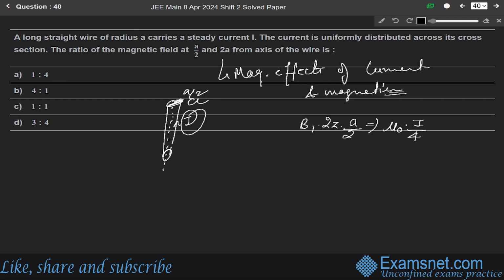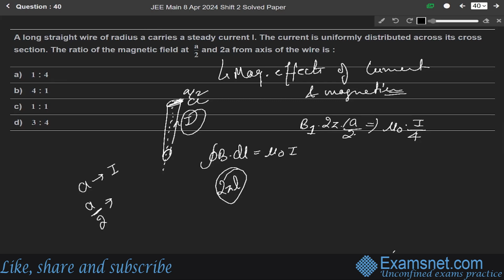When the radius is A, the current is I, so when we take the distance A by 2, the current will become I by 4.